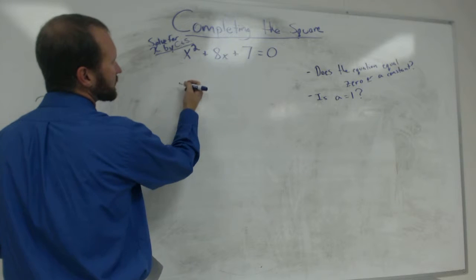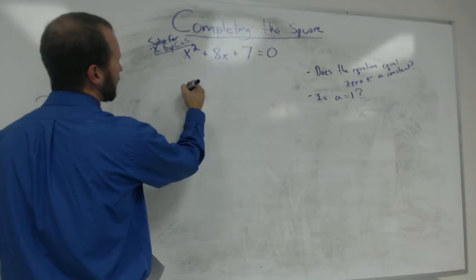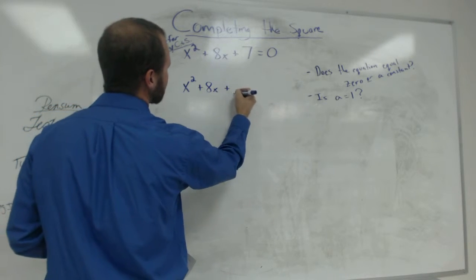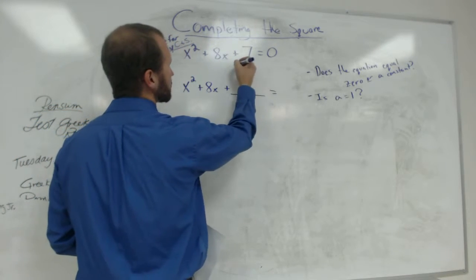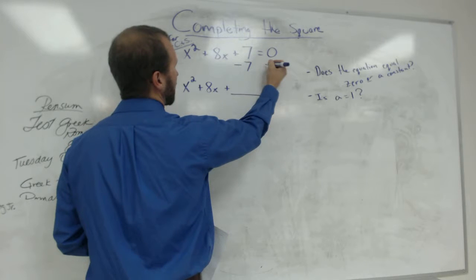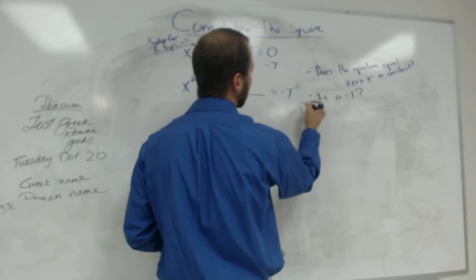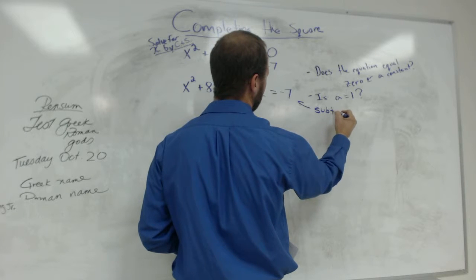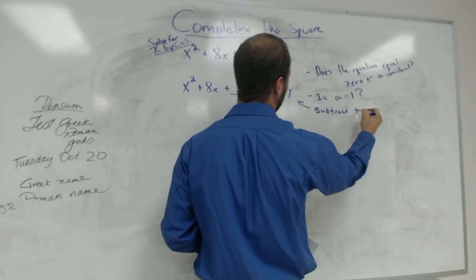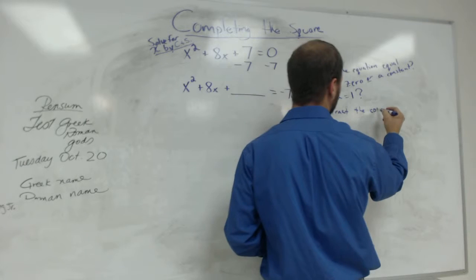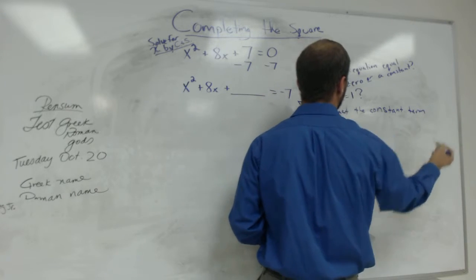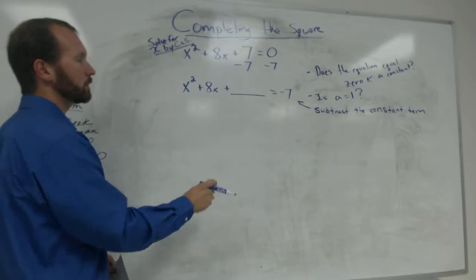True. Next step. We're going to have x squared plus 8x plus something equals, I'm subtracting the 7 off, so I have negative 7. So this step, what I did was subtract the constants. I'm getting rid of my constant term.